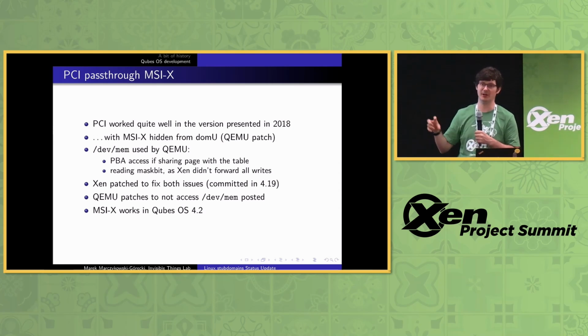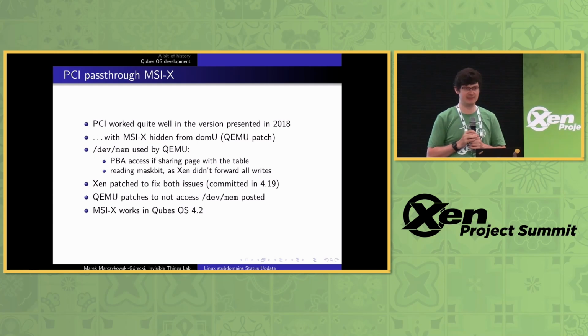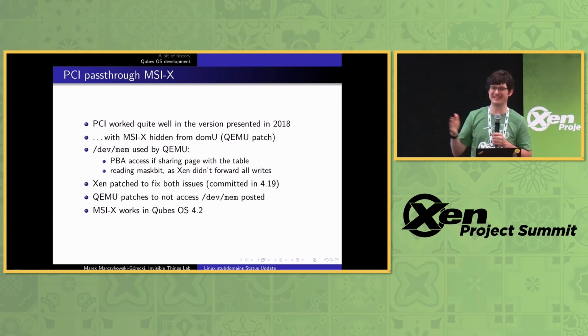We had a QEMU patch that removed it from the PCI capabilities. But later, we worked quite a bit to fix MSI-X support too. This requires two changes. One is that Xen passes through only some writes to the MSI-X table to the device model.